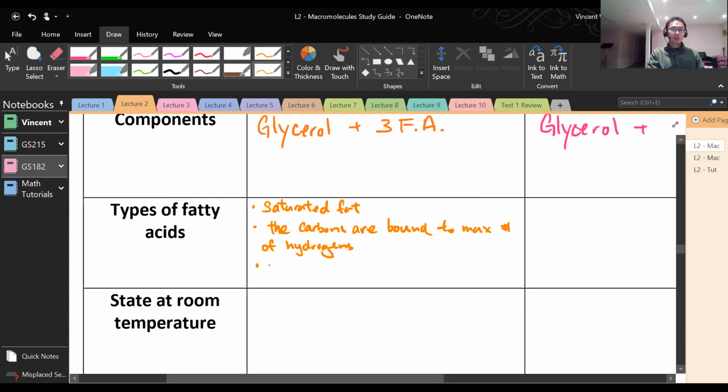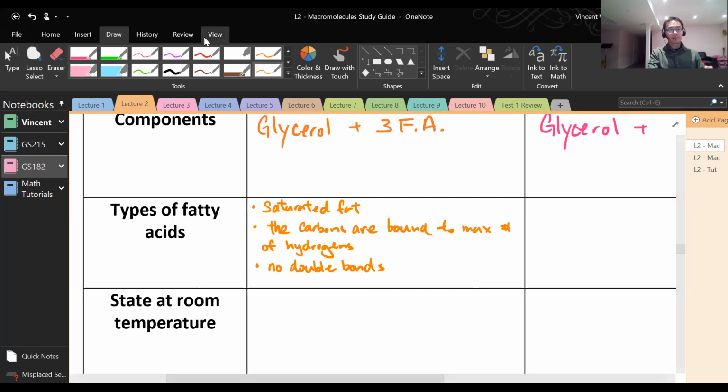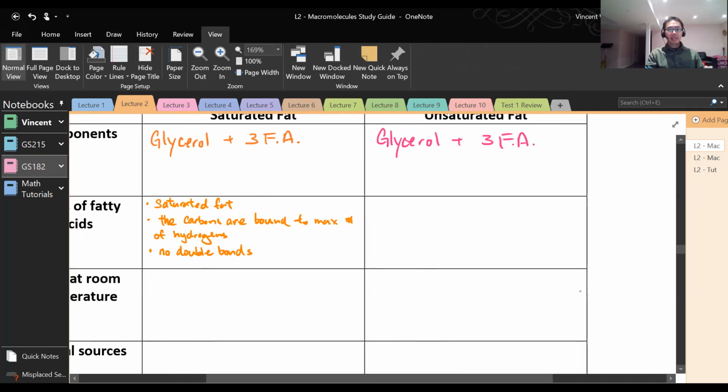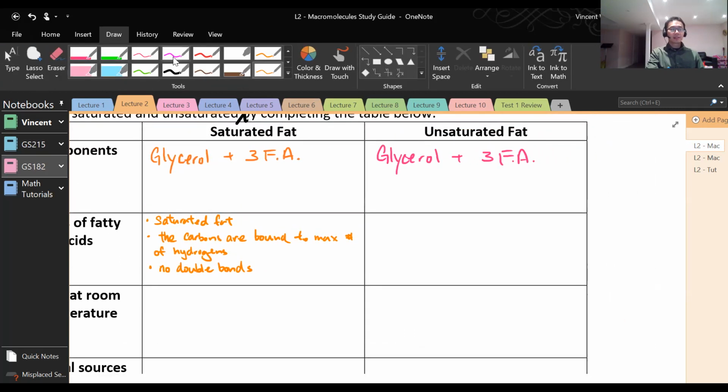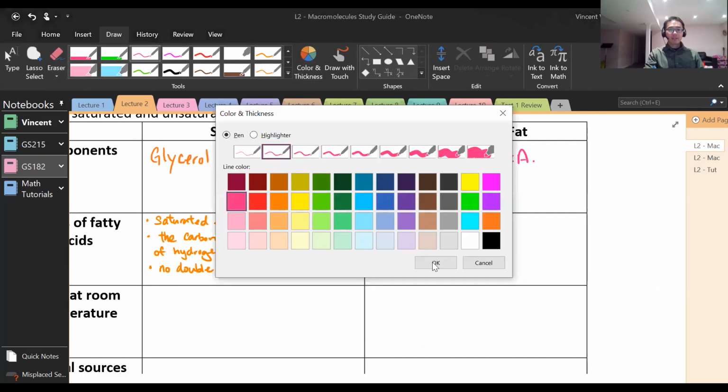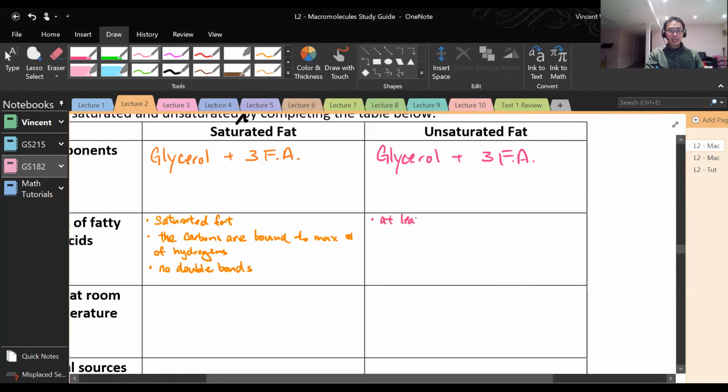Okay, there is no double bond, no double bond. Okay, and yeah, we'll leave it like that. Whereas for the unsaturated fat, what would you have? You will have at least one double bond in the fatty acid.